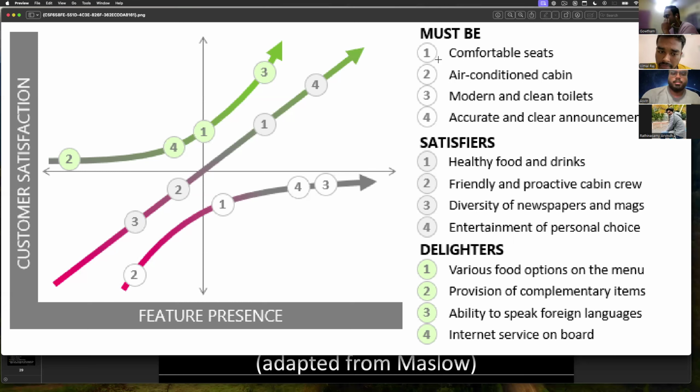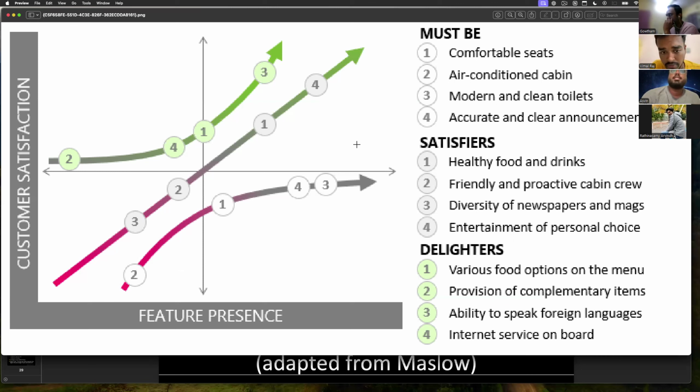Just a seat, air condition, toilet, and proper announcement. So the must-be thing will be explained at the end, the red here, and gray. So this is the thing.